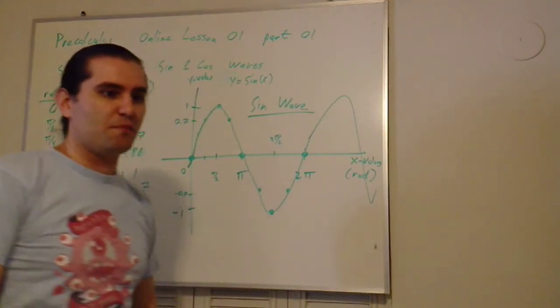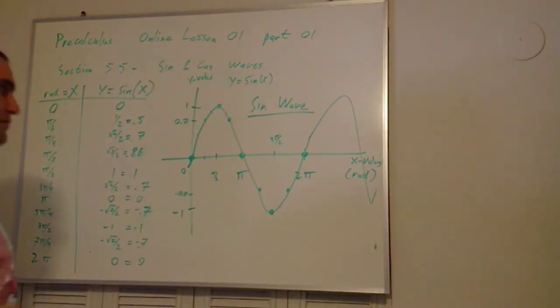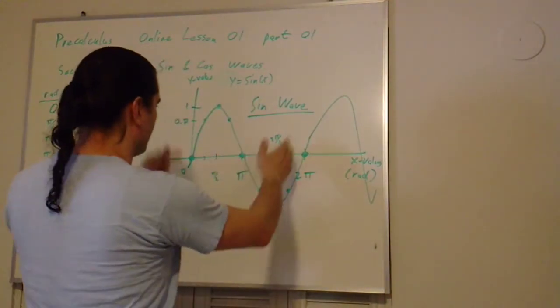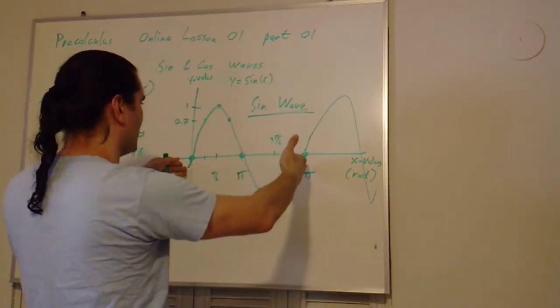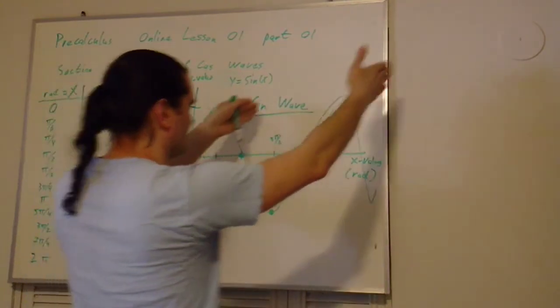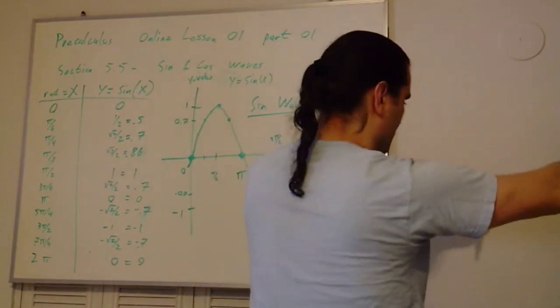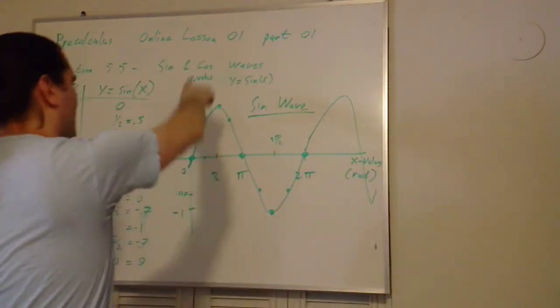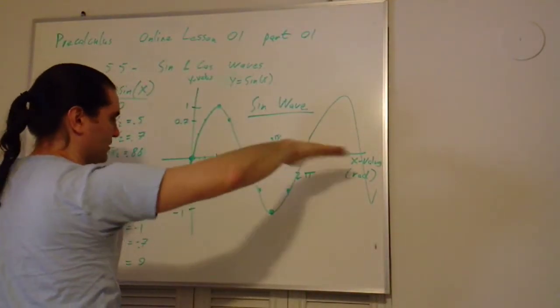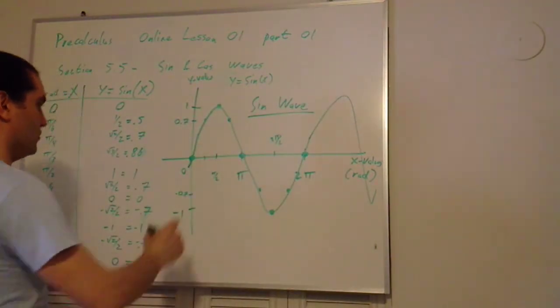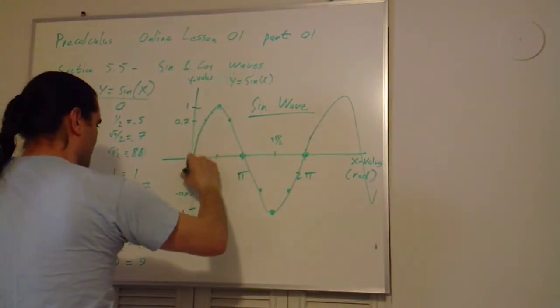Sine of x is called a periodic function because it repeats very consistently with a period of 2 pi. Every 2 pi, it makes the exact same shape. Does this wave up to 1, down to negative 1, back to 0. It also does this in the negative numbers.